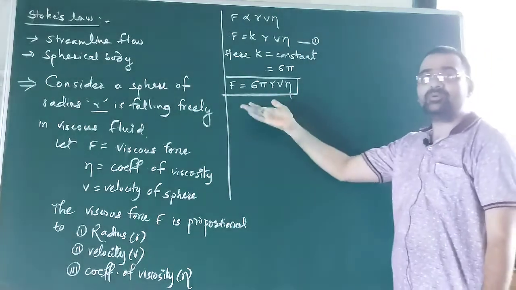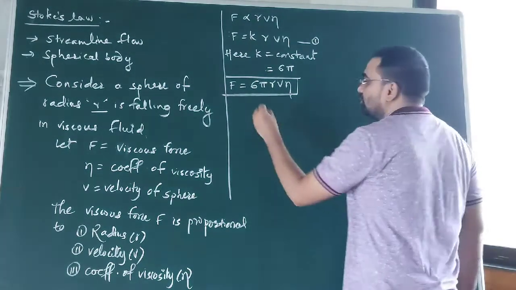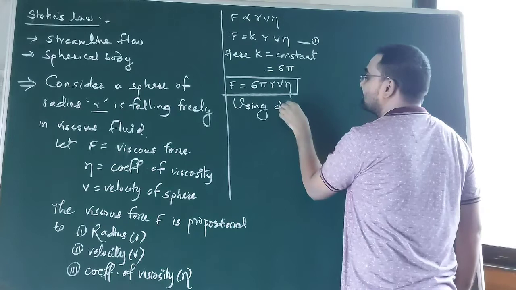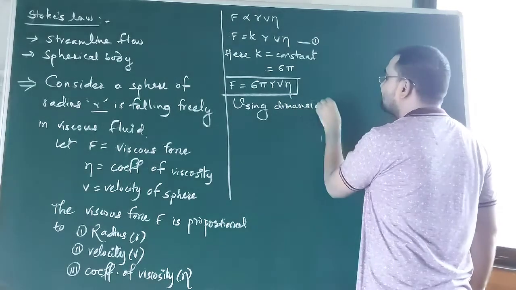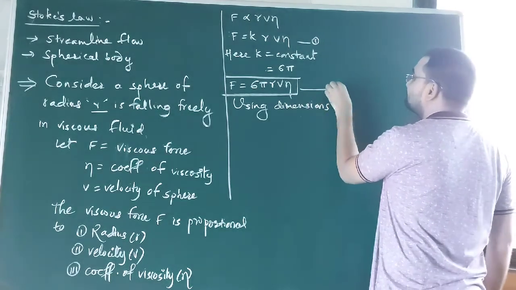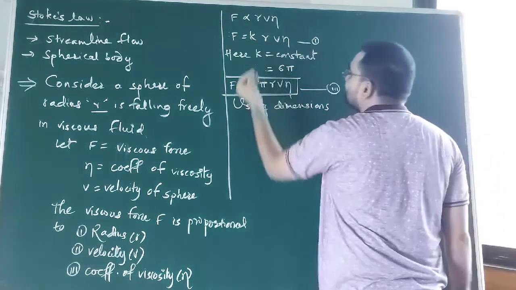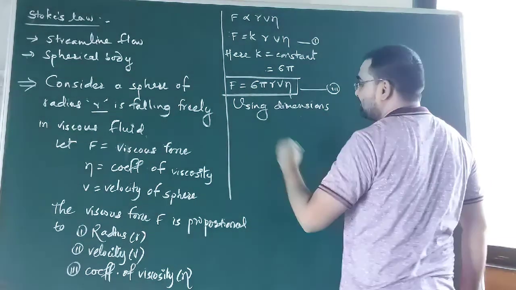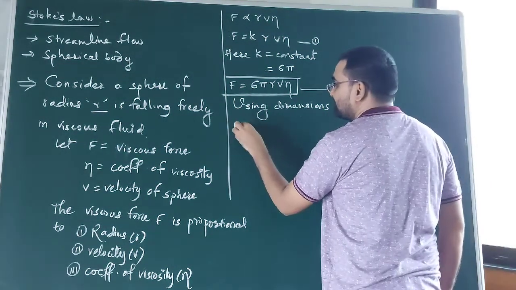Now why this formula is correct, let's check also. So using dimensions I can check the correctness of this equation. I will write dimensions on both sides of the equation. Here K is constant, so no need to write the dimensions. Consider LHS, that is force.